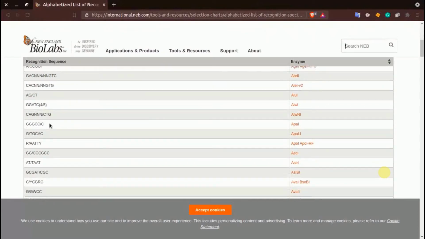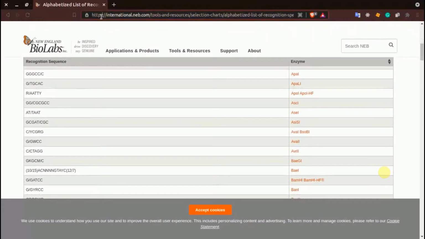Like it has wildcard entries, it has stuff which are not palindromic.